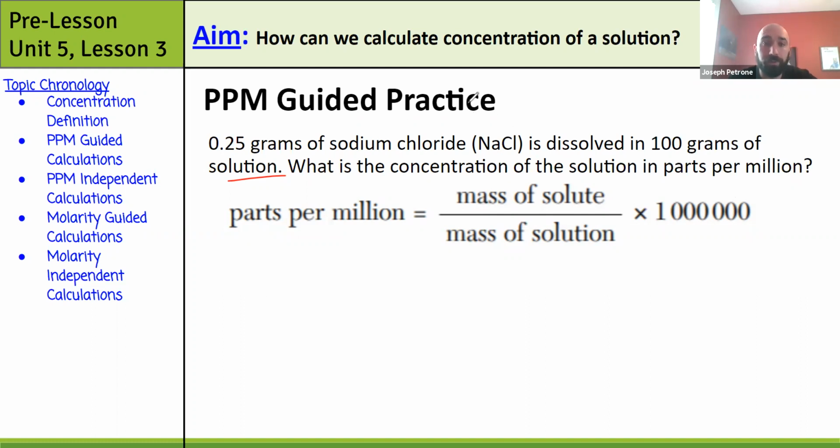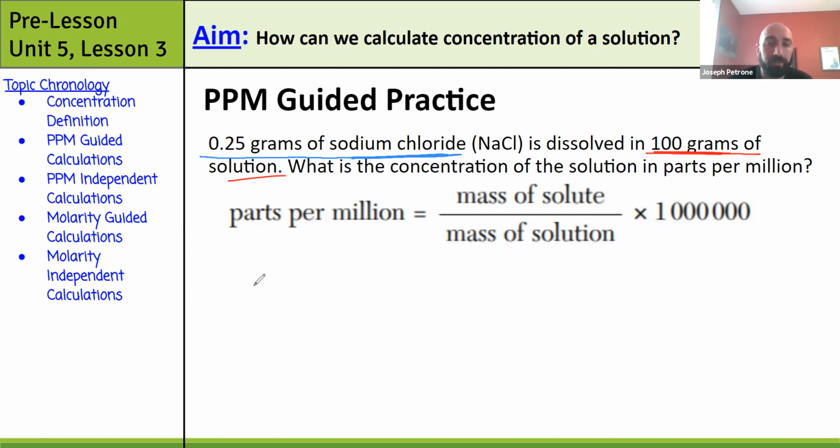So our solute, remember, is what we dissolve into the solution. Our solute is going to be our 0.25 grams of sodium chloride. And then our solution, it tells us we have 100 grams of solution. So we know where we're going to plug these in.